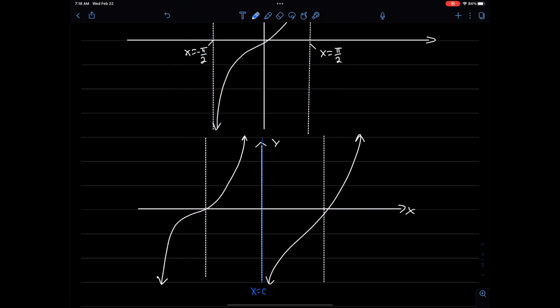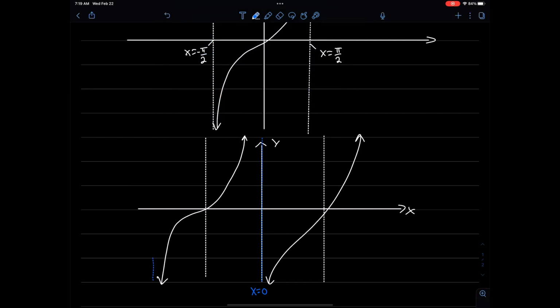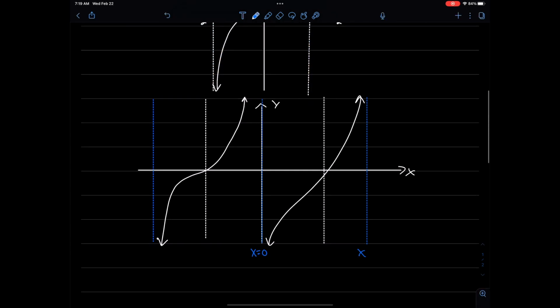And here at the y-axis, x equals 0, that's where we're going to have our new vertical asymptote. Because remember, typically we would have a vertical asymptote at positive pi over 2. But then we picked up that vertical asymptote and shifted it left to negative pi over 2. And we did the same thing. The vertical asymptote that occurs at negative pi over 2, we picked it up and we shifted it pi over 2 more.